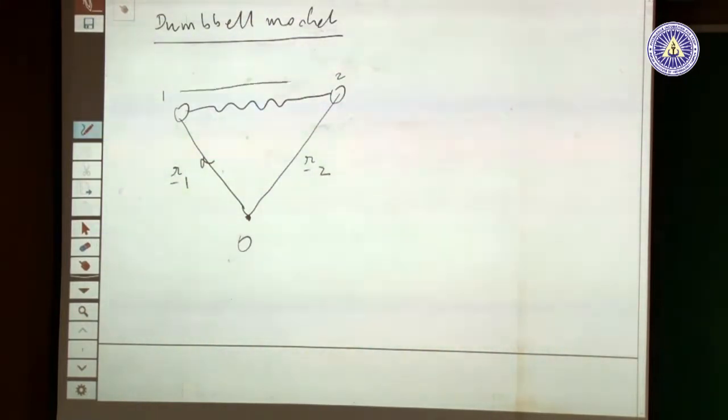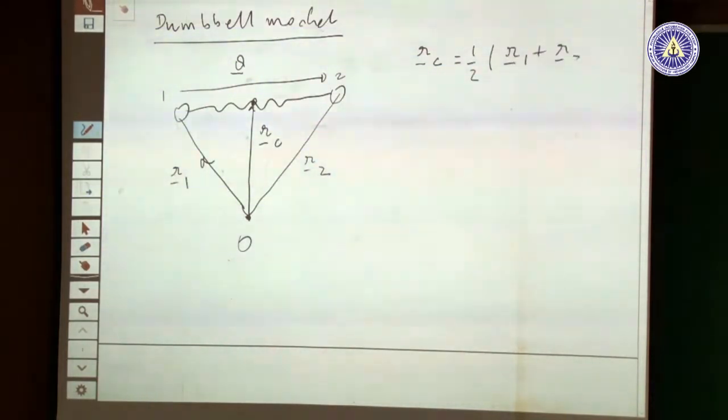The connector vector connects these two, Q, and the center of mass will lie on this connector vector, and that is RC, and we define RC as 1/2 (R1 + R2), and Q as R2 minus R1.